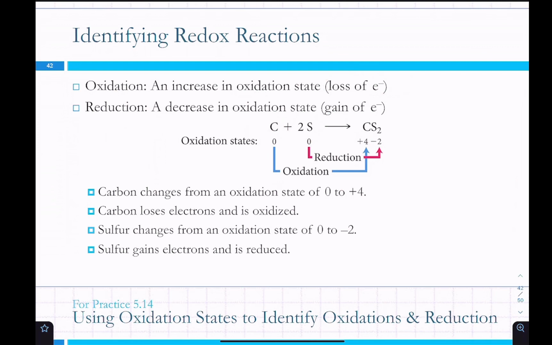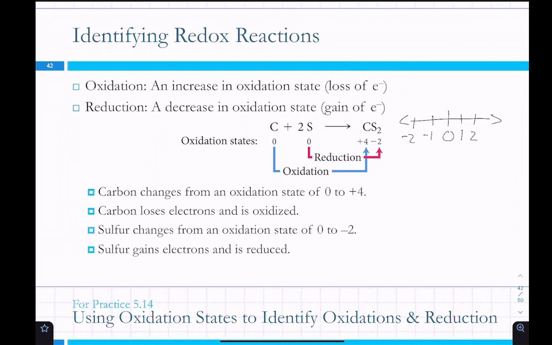Another way that you can think of this is like first grade math, right? Number lines. I think this can also be helpful in determining if something's going to be oxidized or reduced. This is what it means when it says an increase in oxidation state.